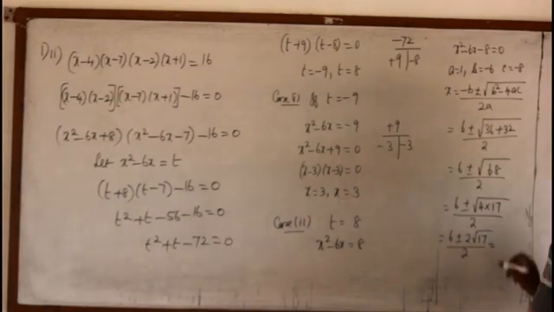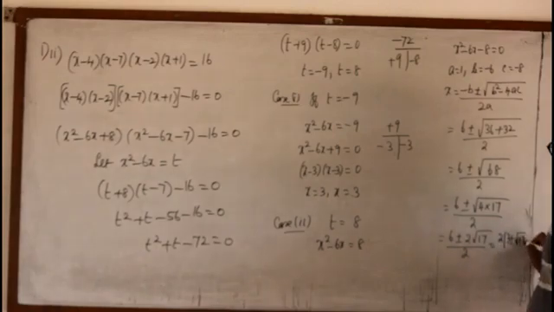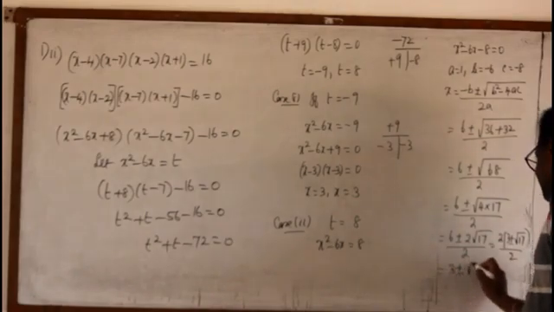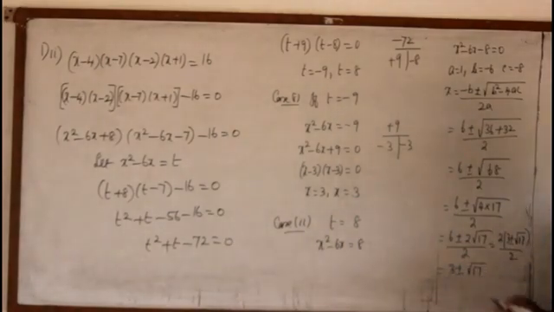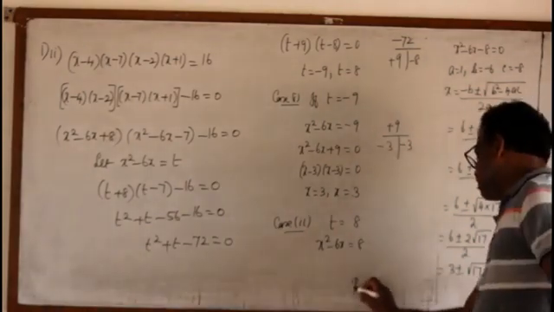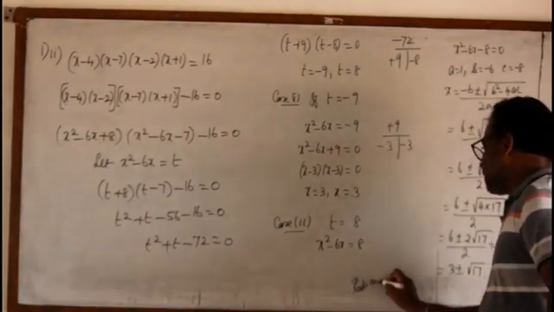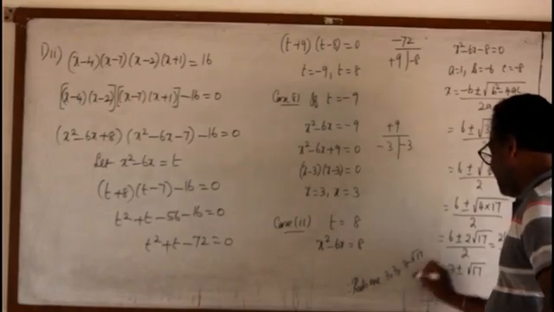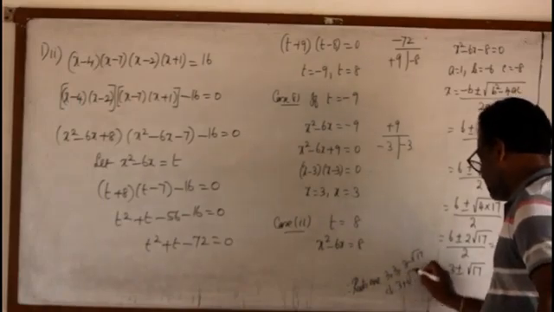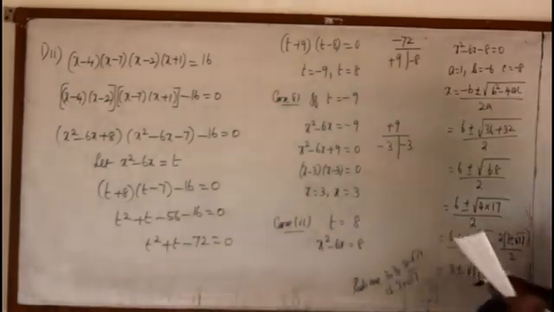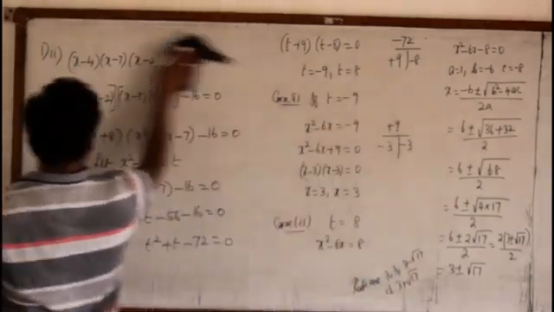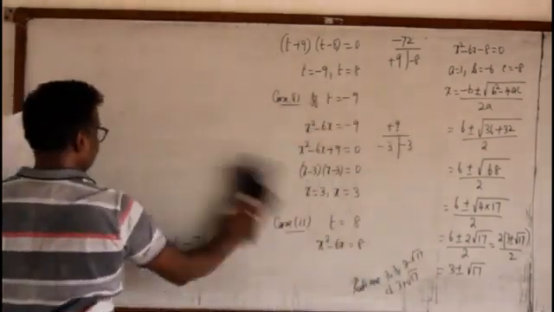If I take 2 as a common term, 3 plus or minus root 17. So we got all the 4 roots. Therefore, roots are 3, 3, 3 minus root 17 and 3 plus root 17. With that, all the 4 roots we found. This is problem number 2 under 1.